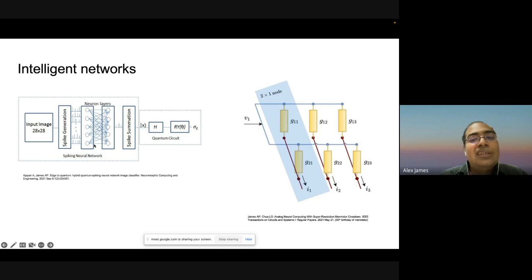What it did when we built such a system is that the accuracies significantly improved. As you might know, SNNs are difficult to train directly. Whereas with this approach, one could train an SNN with very high accuracy.